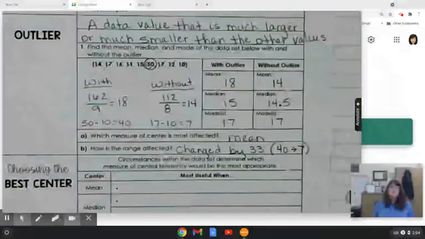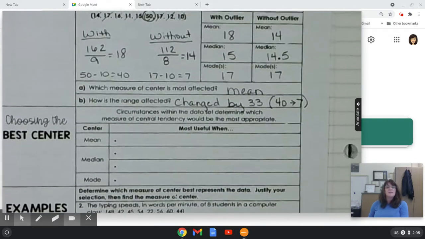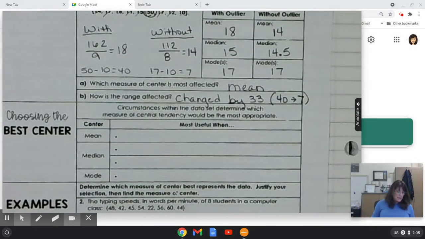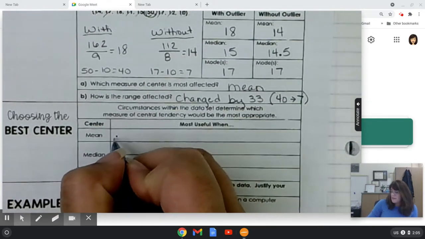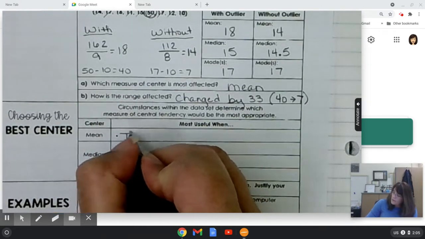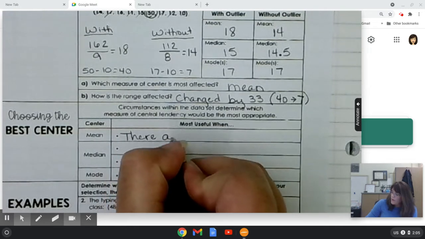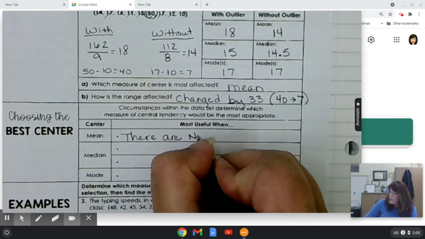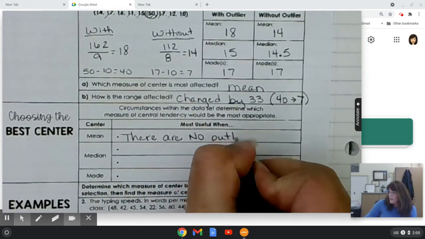All right. So when we want to choose the best piece of data, okay, the mean is the best. It's the most accurate when there are no outliers.